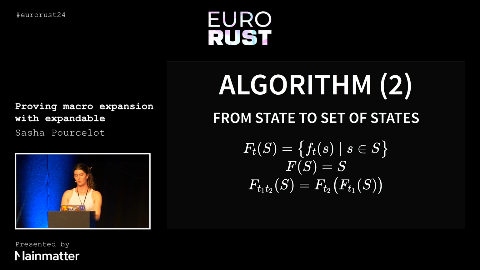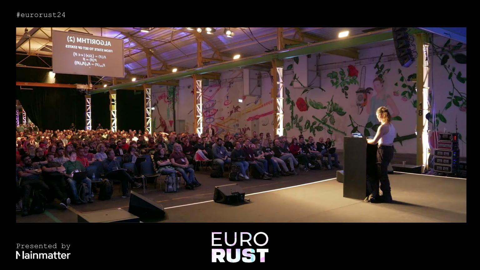Then we can try to reason in terms of set of states instead of state. In order to do this, we define the function capital F_t, which takes as input a set of states and returns the set of states after t has been parsed for each element of the set of states. It has the same identity and composition rules as the smaller f.